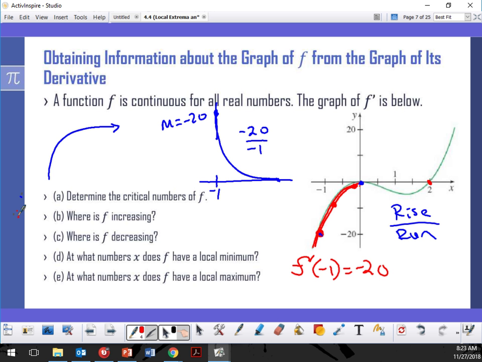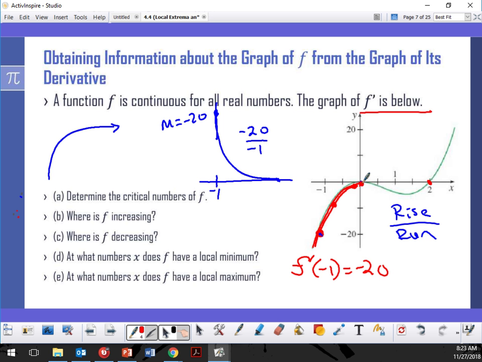Okay, so this is a graph of the derivative, right? So the derivative always represents what? Slopes, right? So instead of a position value, which would be my function, now we're talking about derivatives and the slopes at each point. So think about this.